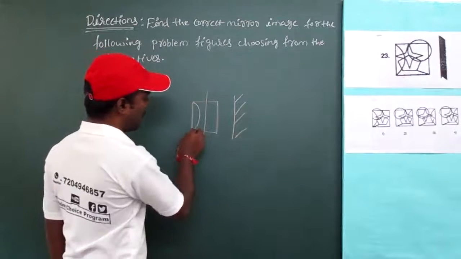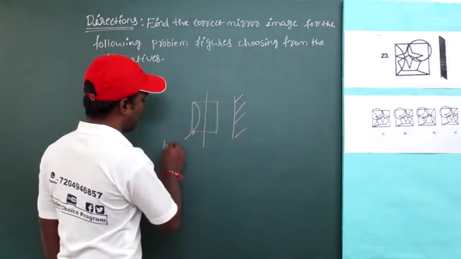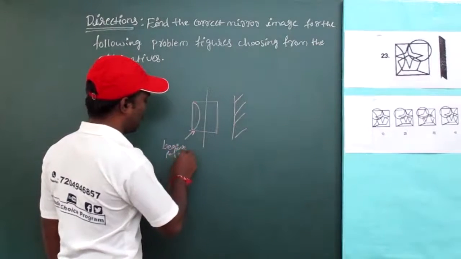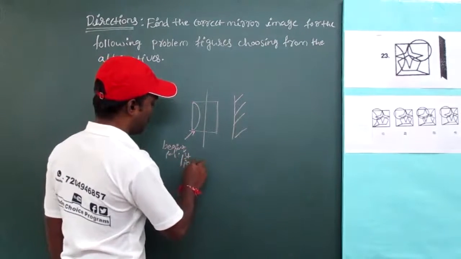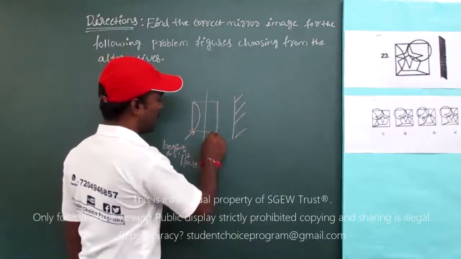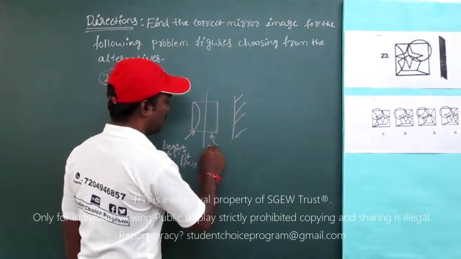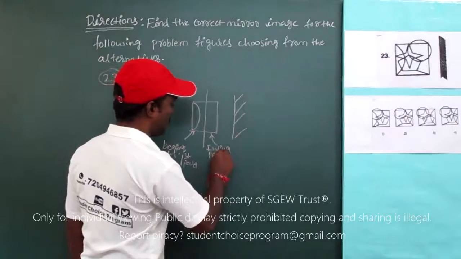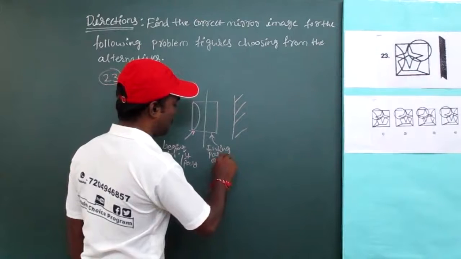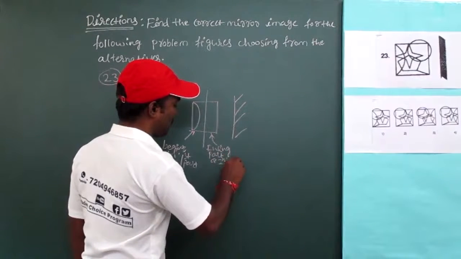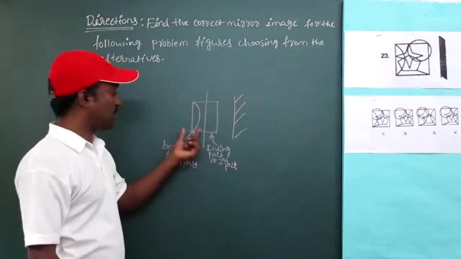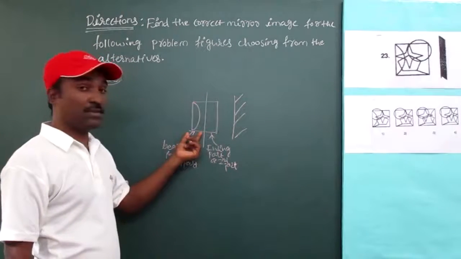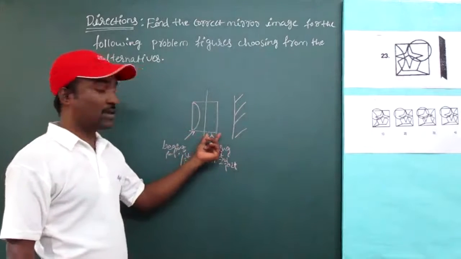I will call this part the beginning part or first part, and this part the ending part, or I will call it the second part. Okay, so this is my first part and this is my second part. I am also calling it the beginning and this the ending part.